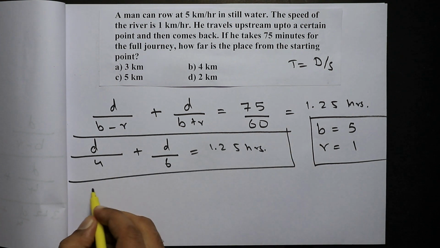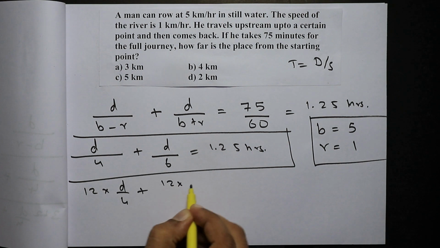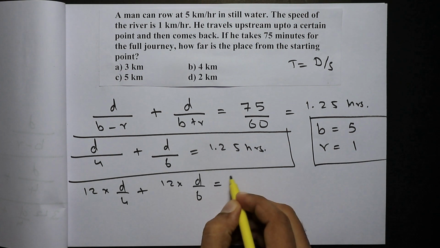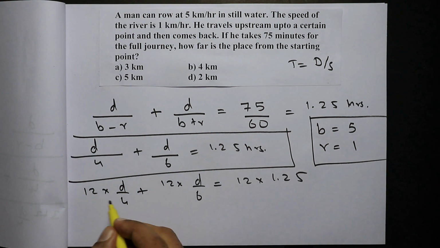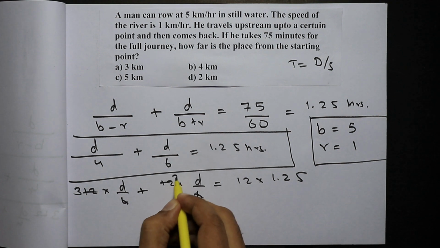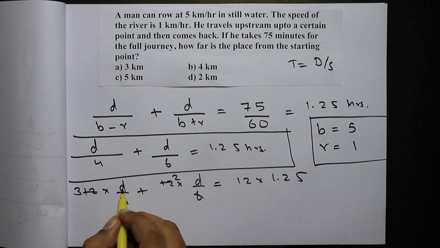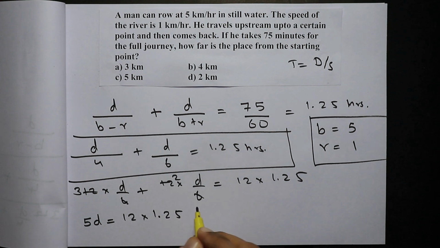Multiplying by 12, 12 into D by 4, plus 12 into D by 6, is equal to 12 into 1.25. Here 4 divides 3 times, 6 divides 2 times. So 3d plus 2d, that is 5d, is equal to 12 into 1.25.